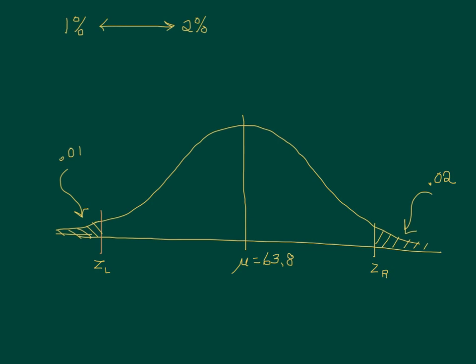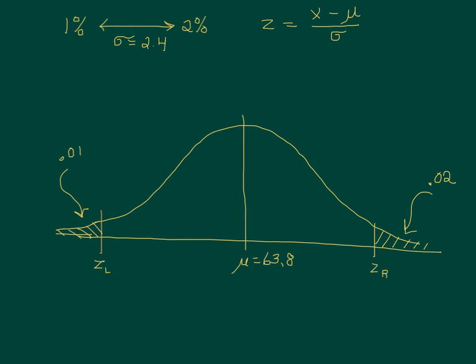Once we find them, we can find the corresponding heights using the formula z equals x minus the mean, 63.8, divided by the standard deviation, which is 2.4.